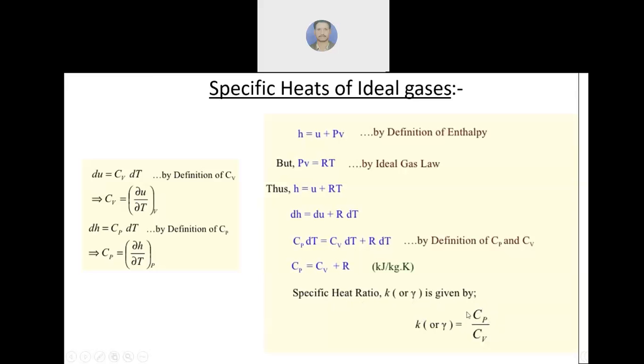Cp. Why? Cp is nothing but Cv plus R. Plus R is there, so Cp will always be greater. And this ratio should be more than 1. It is nothing but Cp by Cv. So note down this relationship, very important.